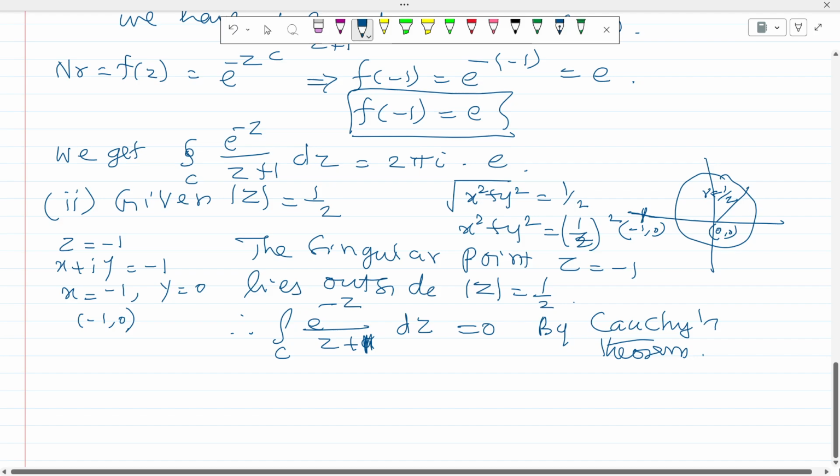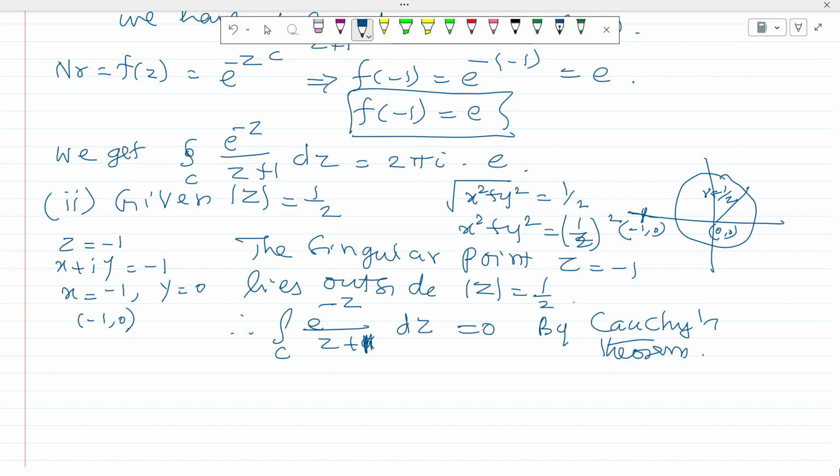Listen, the integration value is 0 or has some value based on the circle and the singular point's position. So you have to identify the singular point properly, and then identify whether it is inside the circle or outside the circle. It will vary from problem to problem. Okay, fine.